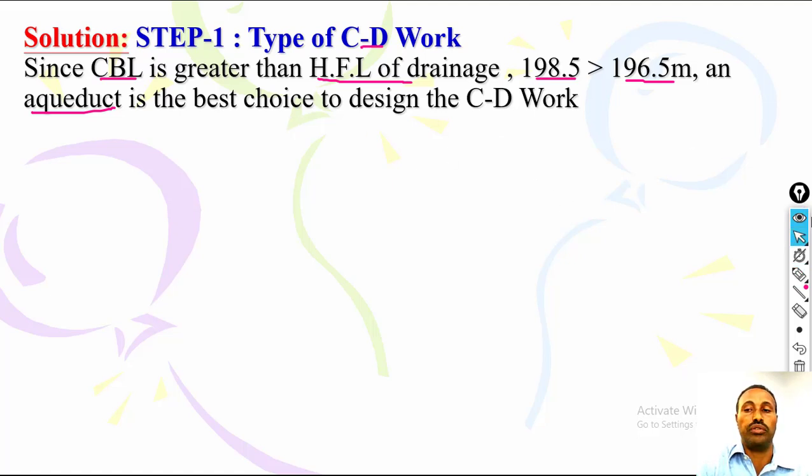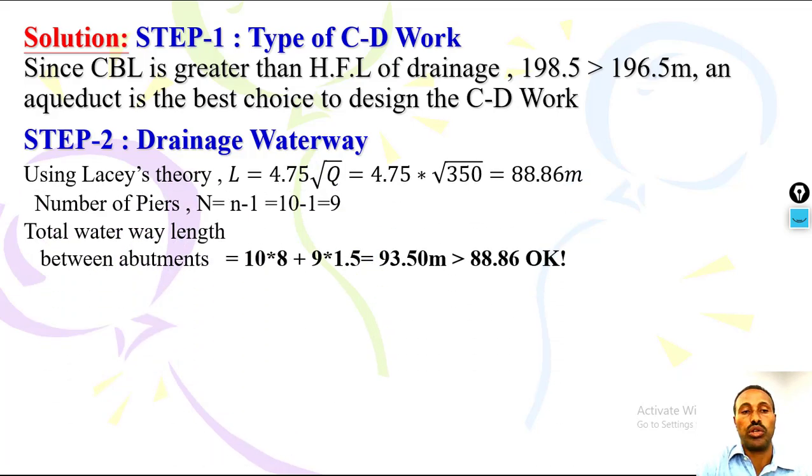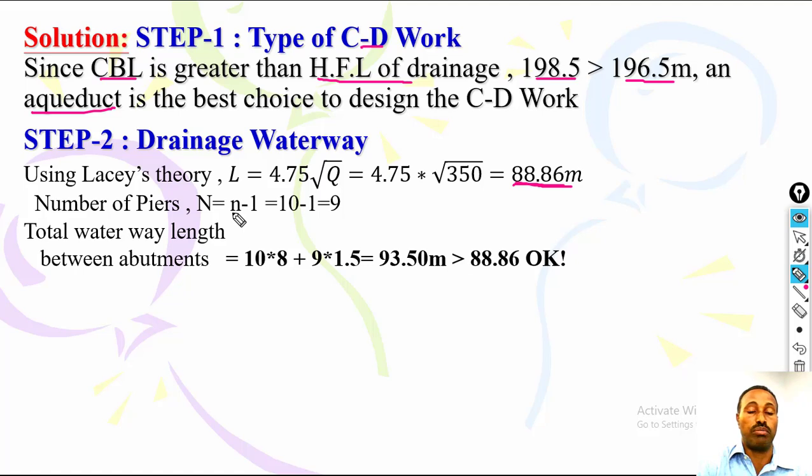Once you identify the type of CD work, what will be the next step? Drainage waterway. Step 2 is drainage waterway. According to Lacey's theory, you have L equals 4.75 square root of Q. So this is according to Lacey's regime theory. So you have 88.86 meter, and the number of piers you select. You have the number of spans, then you need to subtract 1.